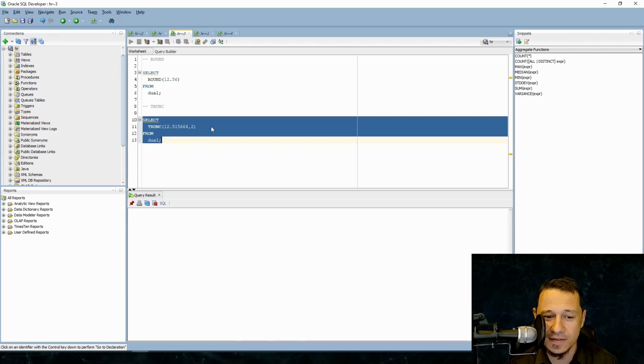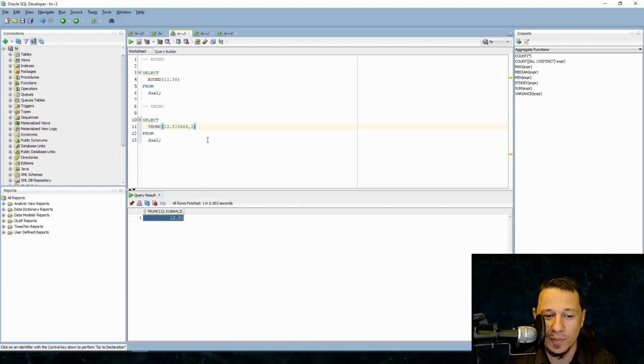Let's execute this, and we got 12.51, and again, if this is a negative number, it will truncate to the left-hand side of the decimal dot. Let's try that, and we can see it truncated just to 10. If the second parameter is omitted completely, it will default to 0, and it will truncate to a full integer number. As we can see, we got 12 returned.